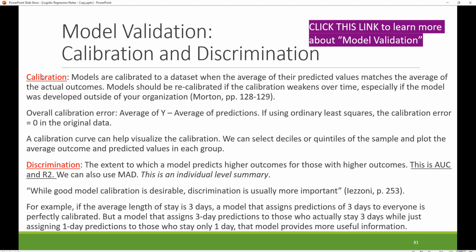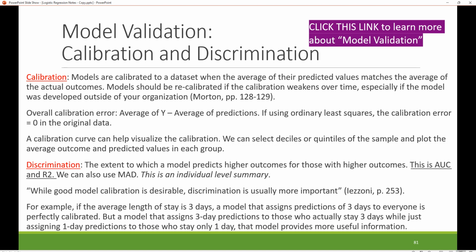One is calibration, and that's how well it predicts in the overall sense, how well it predicts our outcome, the actual outcome versus what we predict. And then we have something called discrimination, and that gives us an idea more at a finer level how well the predictions work for each individual respondent.